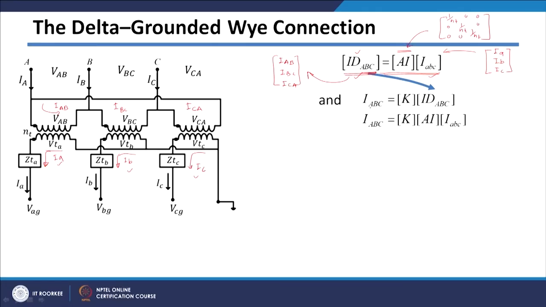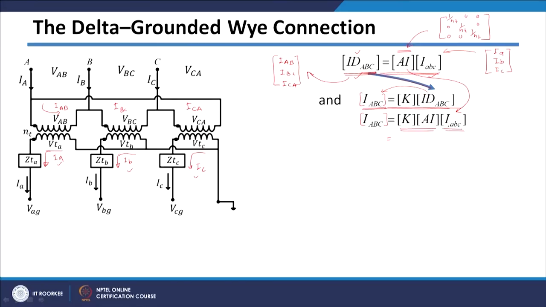We know this equation which converts delta currents to the line currents IABC, so we can use this equation here. Instead of this IDABC I can just put this equation here, so it will become K multiplied by AI multiplied by IABC.